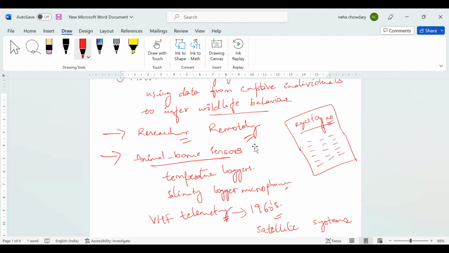There are some additional sensors researchers have come up with, such as GPS or depth and speed sensors for aquatic species, that is marine species, which were employed to identify the behaviors executed by the animals.